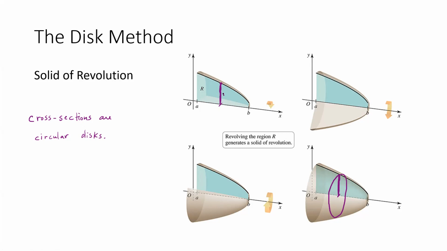So y equals f of x will give us the radius of our disk that's used to form our solid. So they're circular disks, and the area of our cross section is going to be the area of these disks, where the radius is y equals f of x.